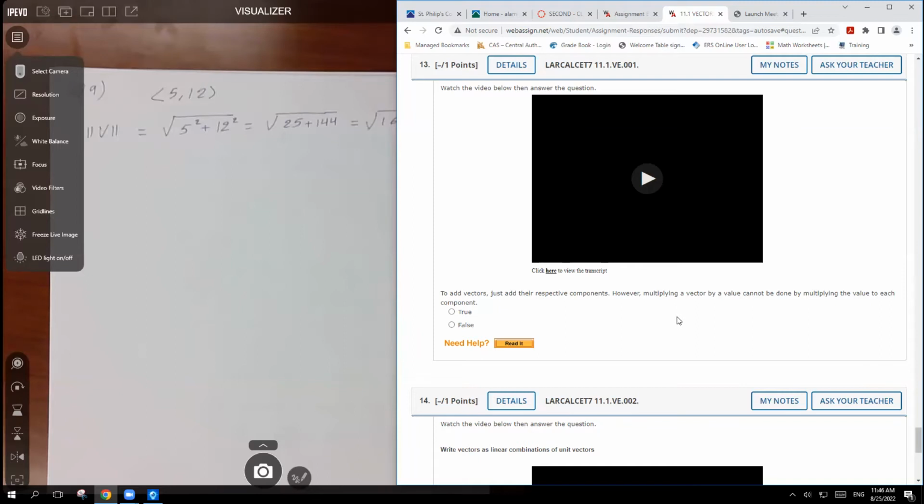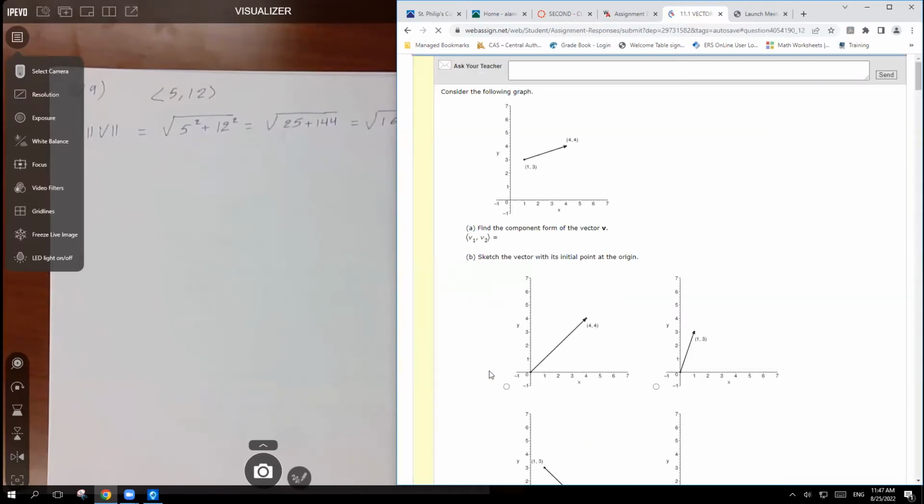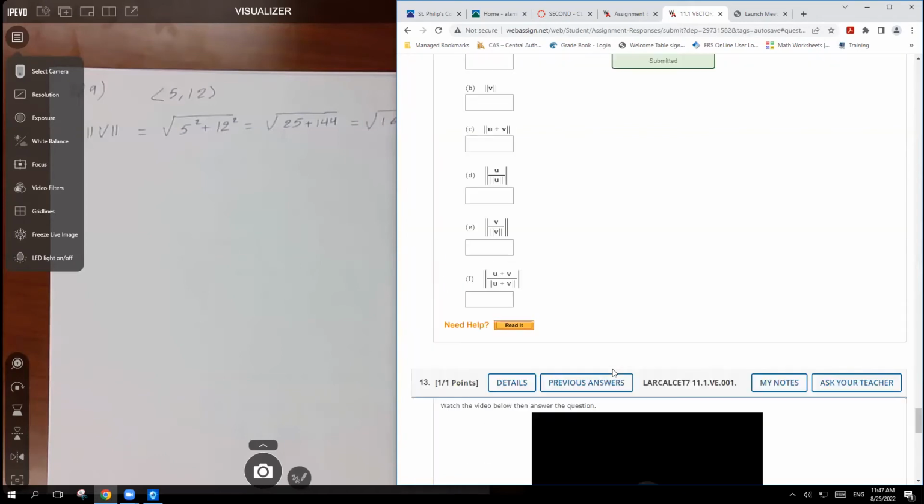Why? Because when you multiply a vector by a scalar, you multiply the scalar by the components. So the statement that it cannot be done by multiplying each component is going to be wrong, a false statement.